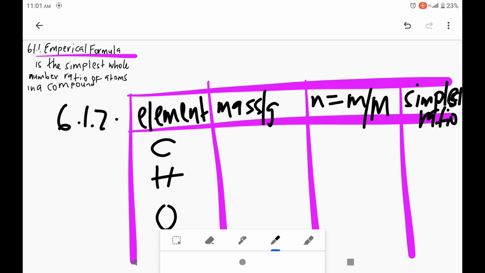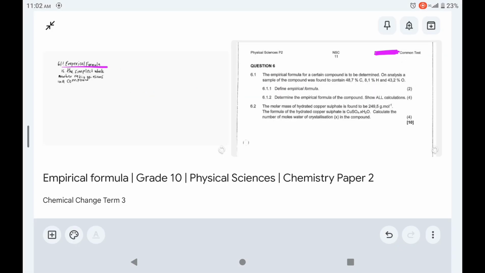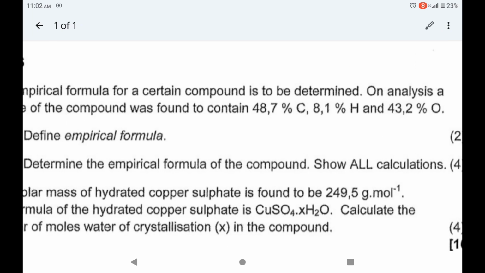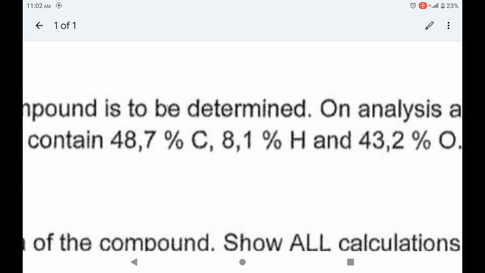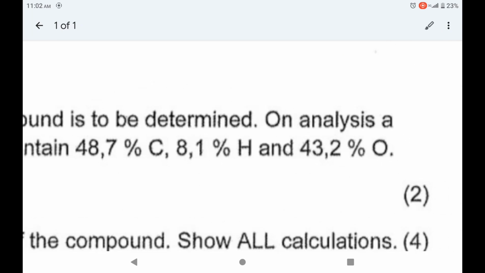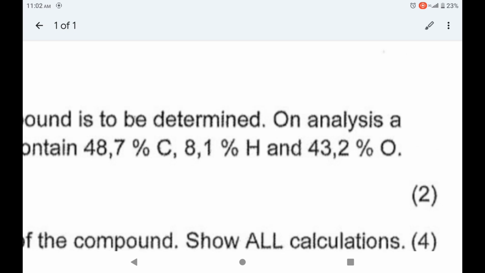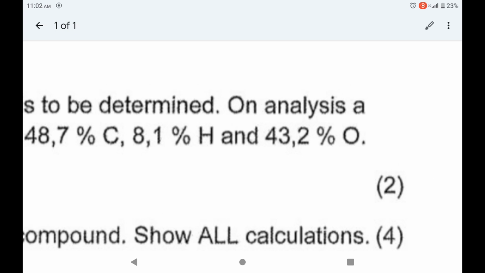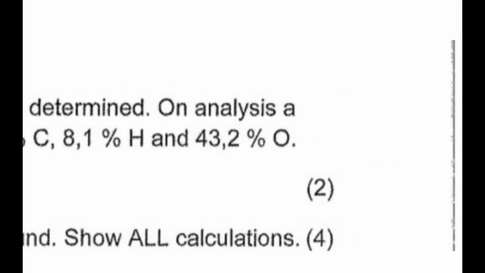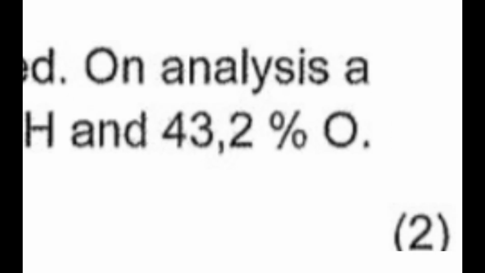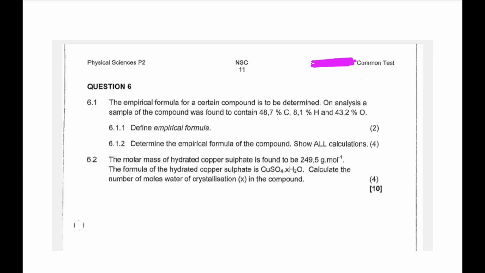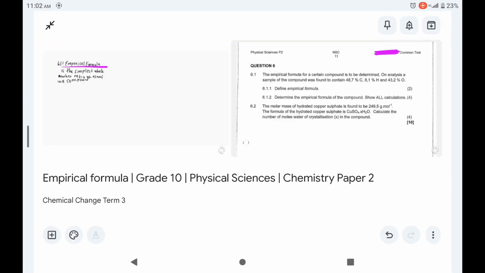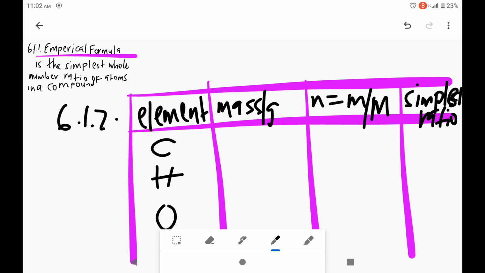Let's go back. For carbon they gave us 48.7%, which the percentage must become a mass. You see, 48.7% should become our mass, which is 48.7 grams. 8.1% is 8.1 grams of hydrogen, and 43.2% of oxygen is the mass. So we just have to fill up this table.